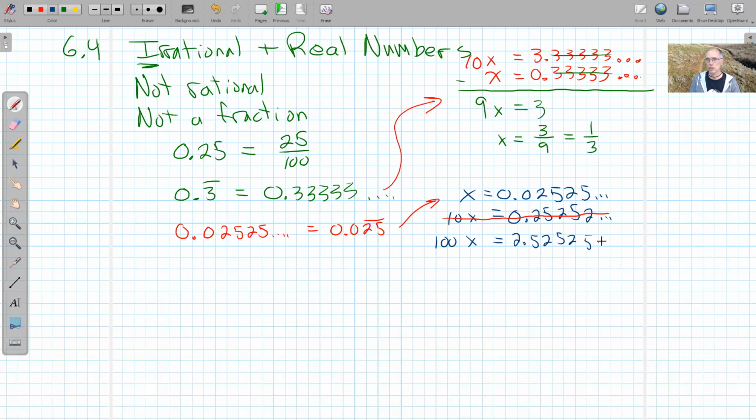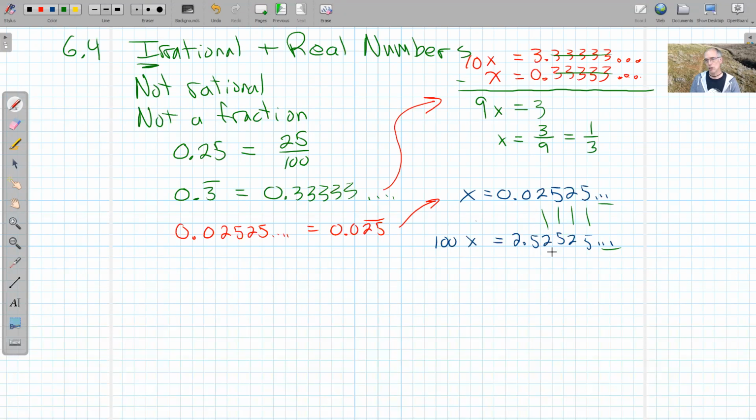I'm going to erase this part right here so we can better compare, and what I should see now is that some stuff lines up. In the infinite part, those 5s disappear, the 2s disappear, the 5, the 2.